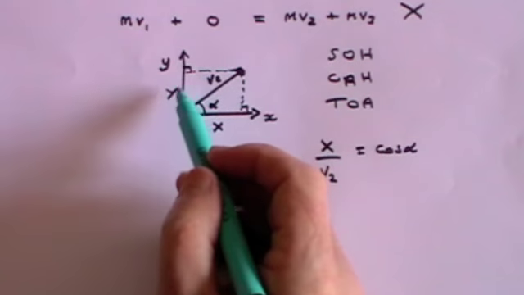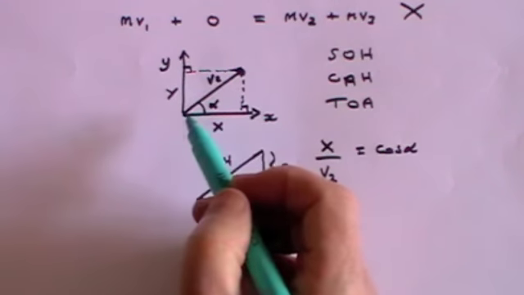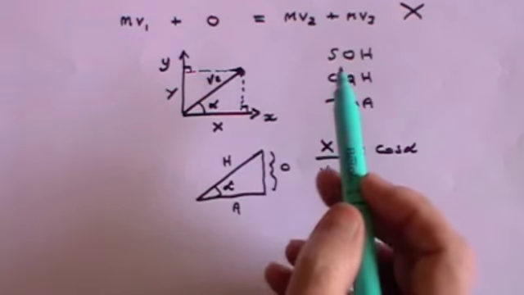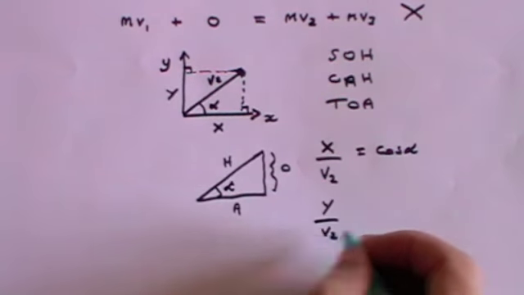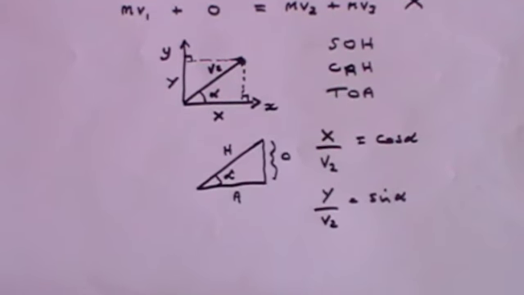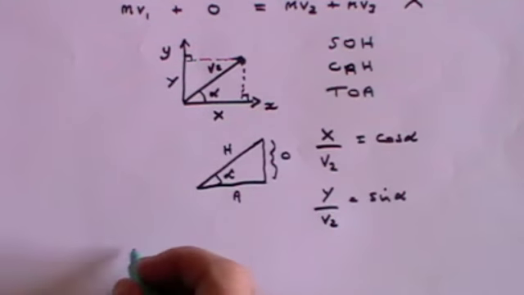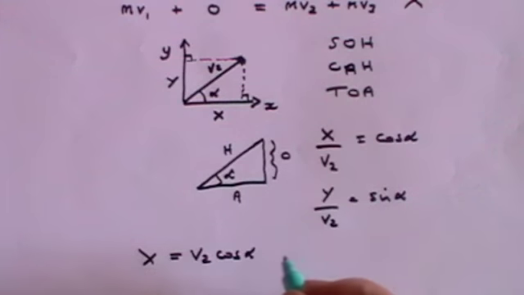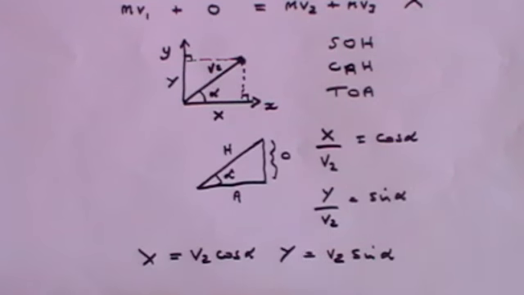Similarly, if you want to know what y is, y over v2 is the opposite over the hypotenuse, and the opposite over the hypotenuse is the sine. So y over v2 is equal to sine alpha. And from that you can see that if you simply multiply both sides by v2, you get that x equals v2 cosine alpha and y is equal to v2 sine alpha.